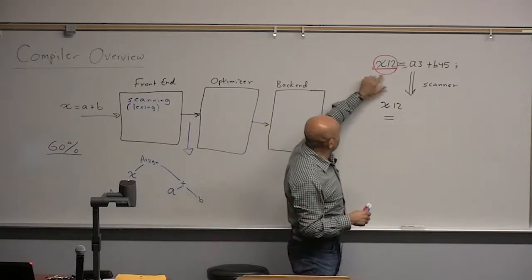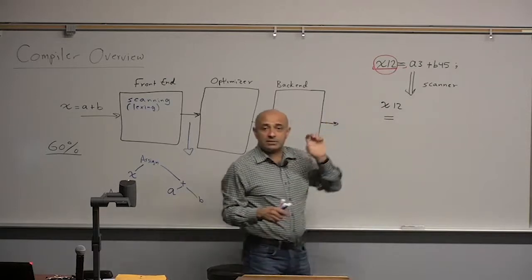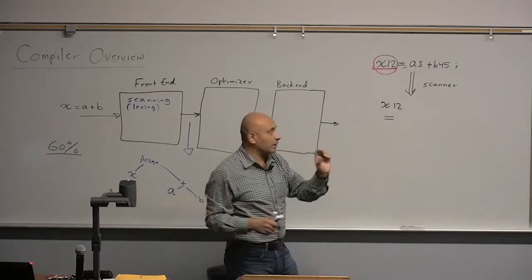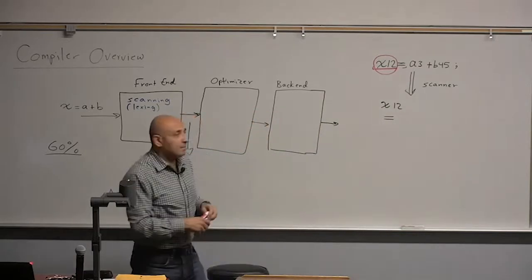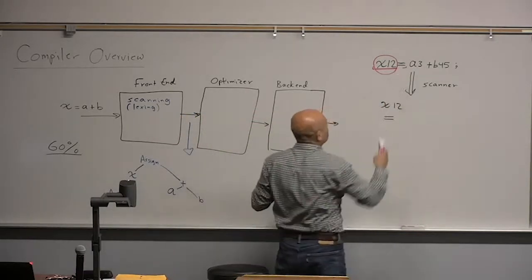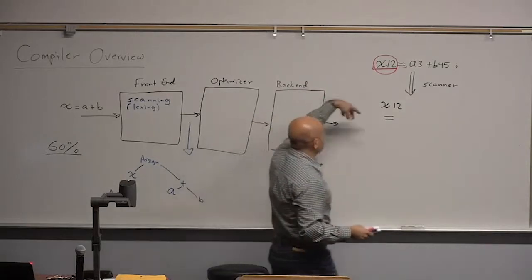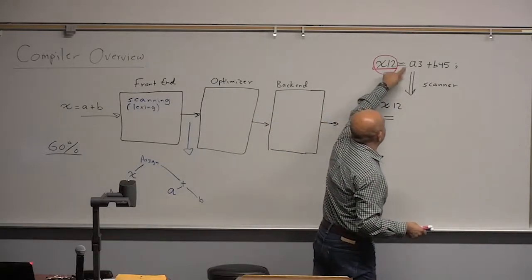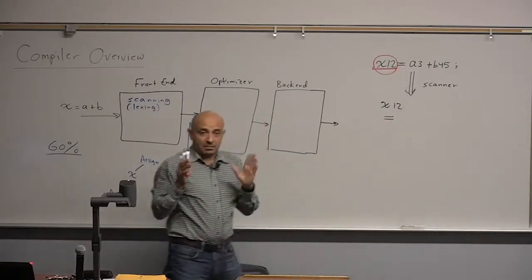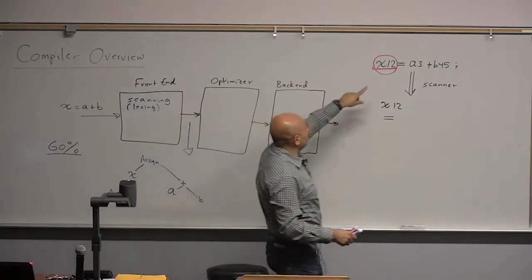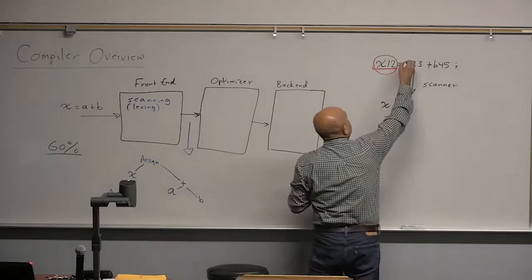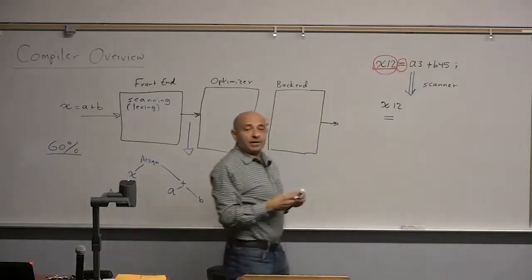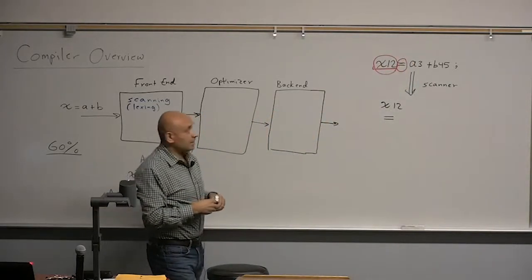So it knew that these three characters constitute one token, which is a variable name, but this does not belong to that variable name. So this must belong to a different token. And there is no other part of speech in the programming language that starts with an equal sign. So it identified this equal sign, this operator, as a token by itself.